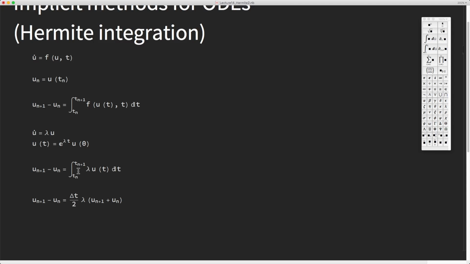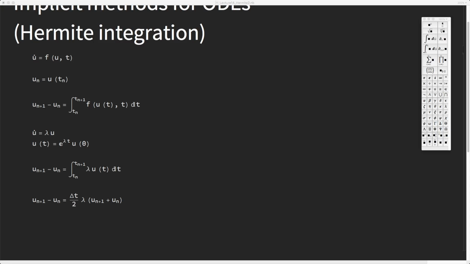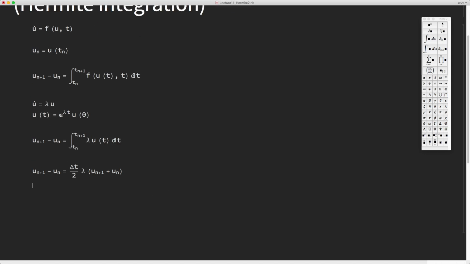So this integral is approximated by the height delta t times the small base plus the large base of the trapezoid divided by 2. The next approximation to this scheme would be the Hermite rule.